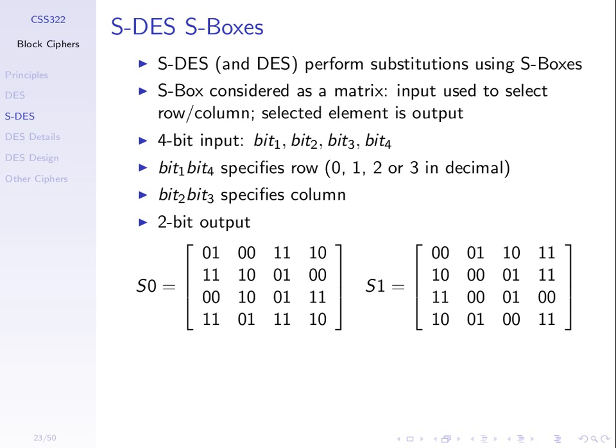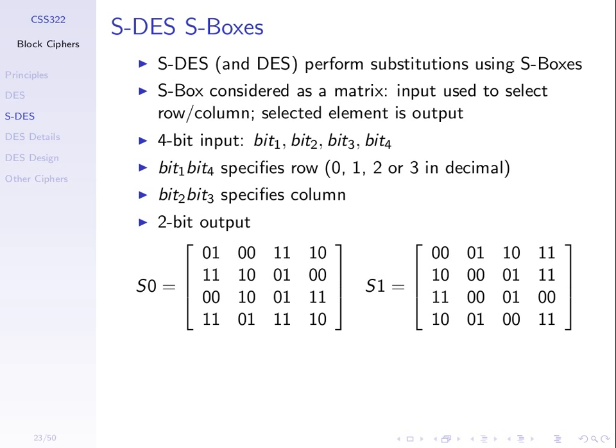So 0, 1, 2, 3 in decimal. Row 0, or in binary, 00, 01, 10, 11. And column 0, 1, 2, 3. Bits 1 and 4 specify the row, 2 and 3 specify the column.